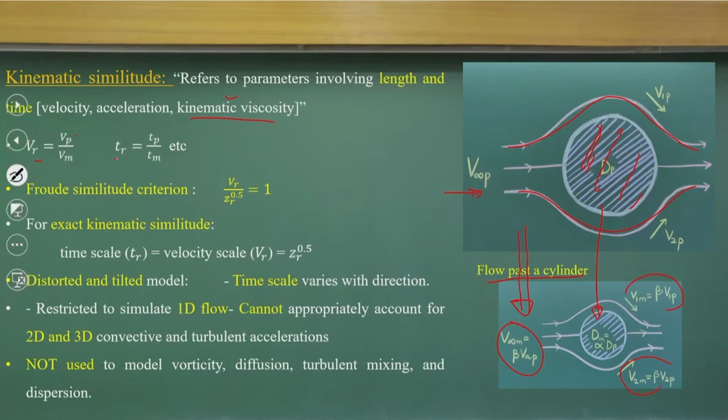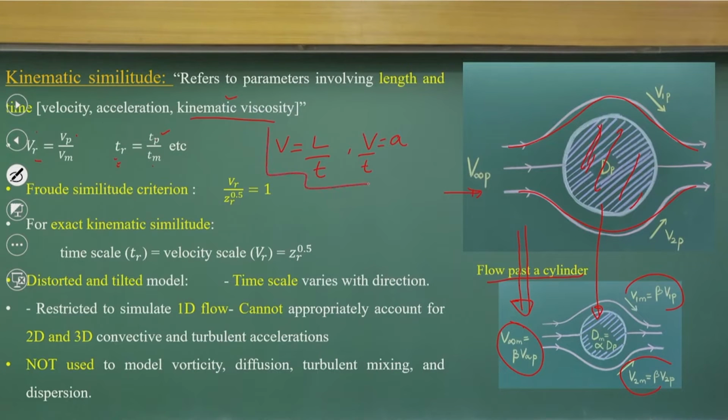You have TR, the ratio of the time scales, Tp by Tm. And as you know the basic properties, velocity is equal to length by time, and velocity divided by time will be the acceleration.